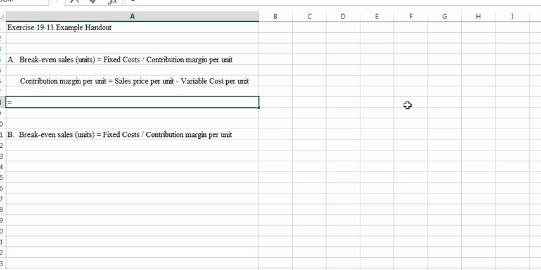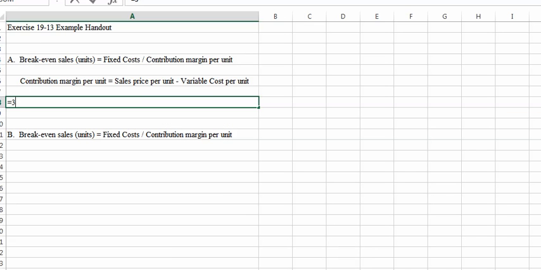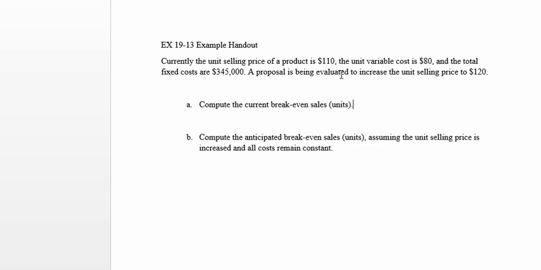So what we want here in the top is fixed cost, which was $345,000. We're going to divide that by our sales price per unit, which was $110, minus variable cost per unit, which was $80.